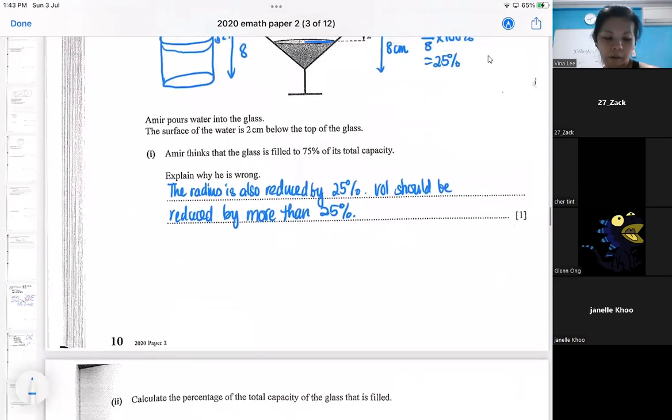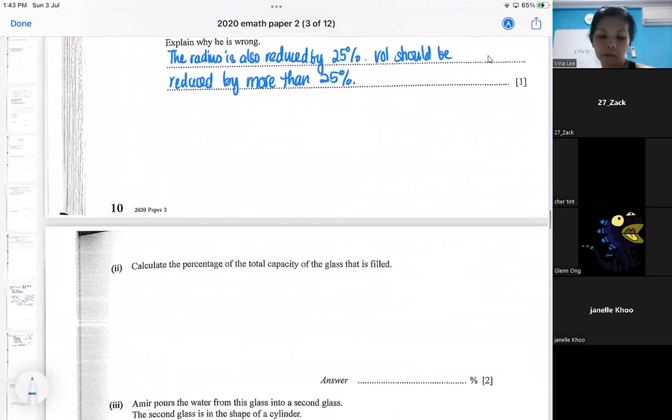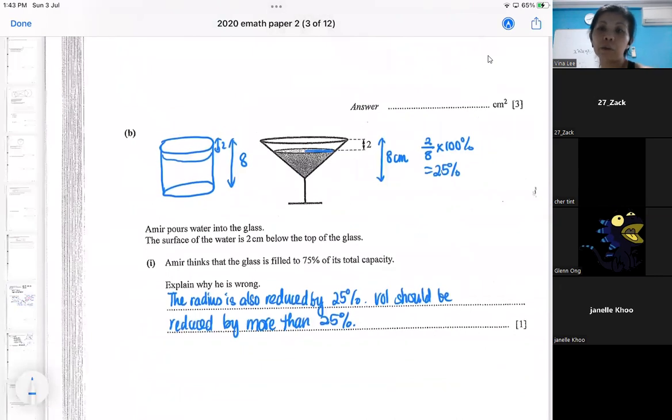If you need to calculate the percentage of the capacity that is filled, you should use similar triangle. You should use similar ratio. So this will happen in your emath as well. In your emath rate of change, if you got a cone and if you got water, you have to execute similar triangle. I can't remember, is it 13?